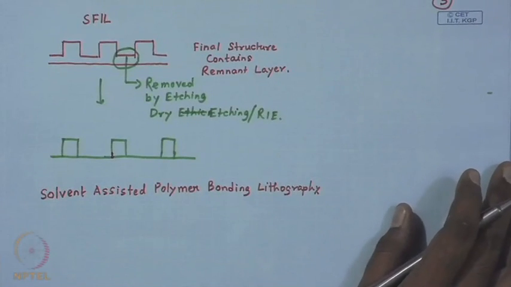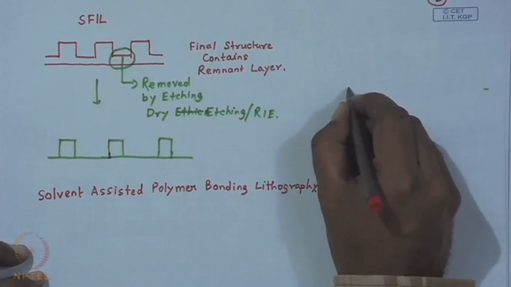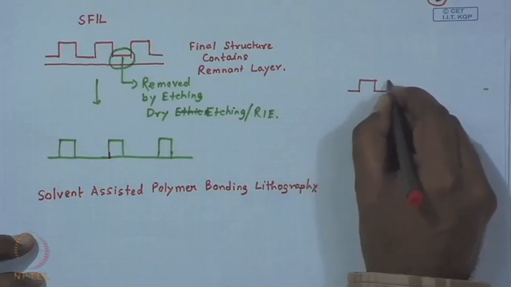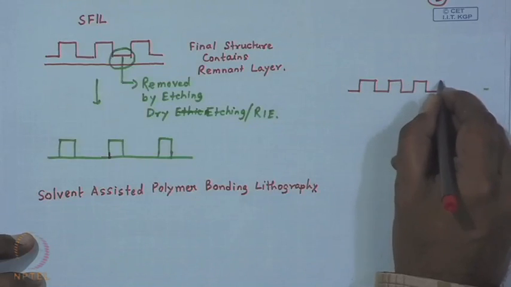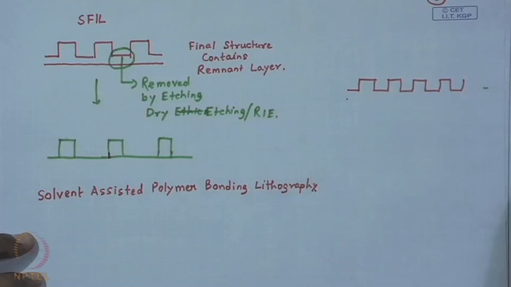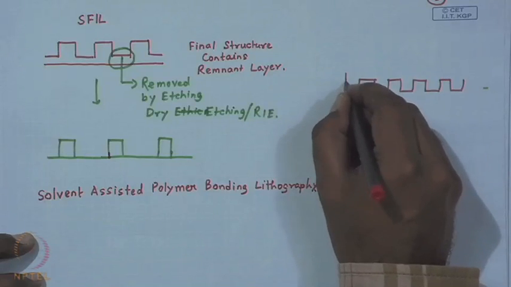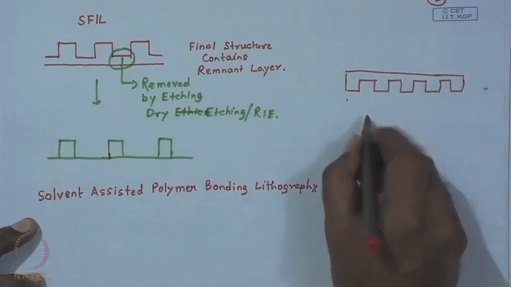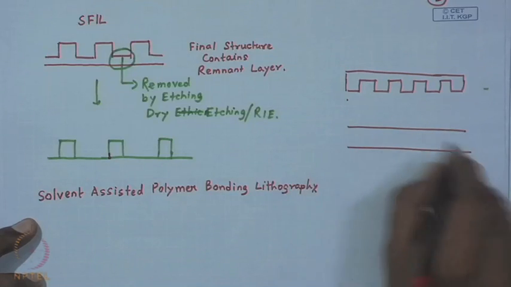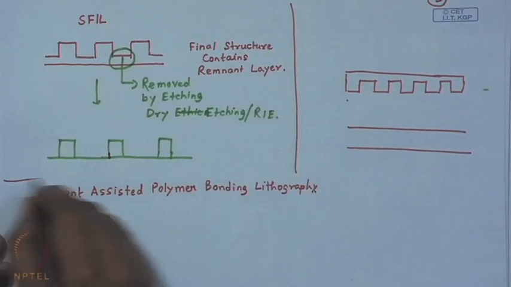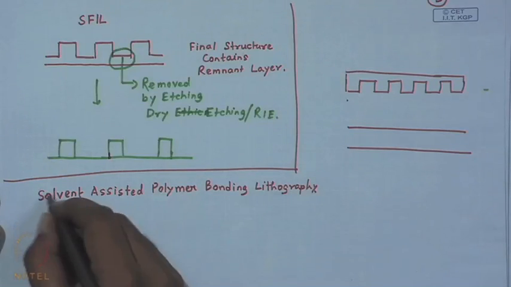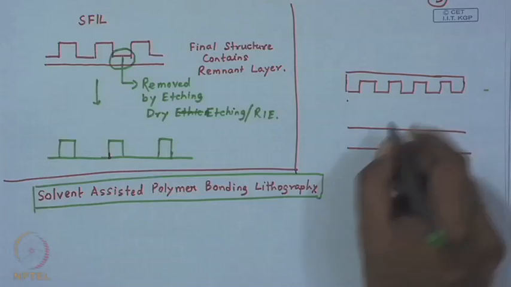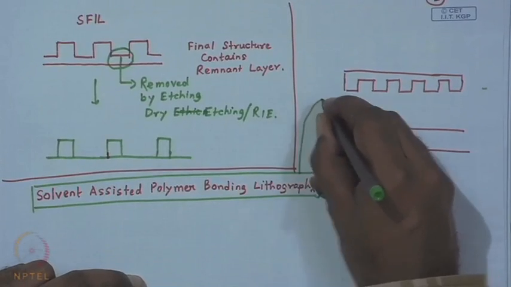All you do is that you take a stamp and you coat it with a layer of polymer. So, this is your stamp or the mold, and this is, let us say, your substrate. So, this we are discussing here.